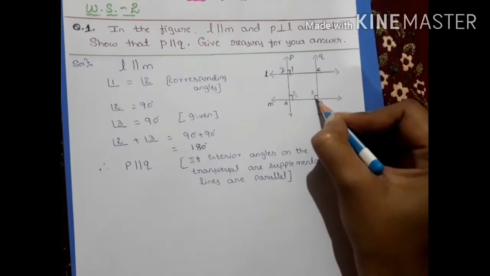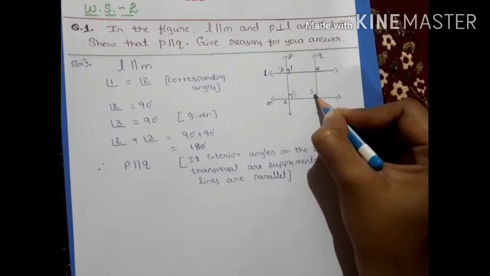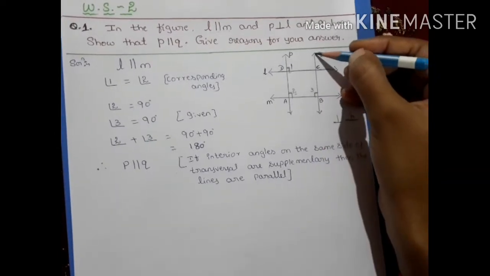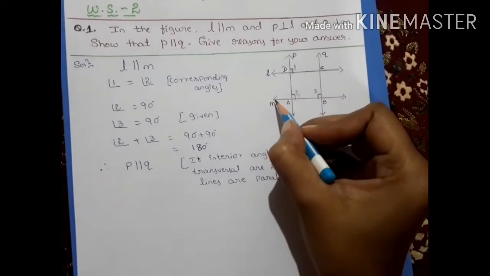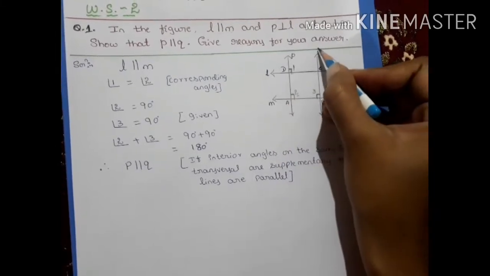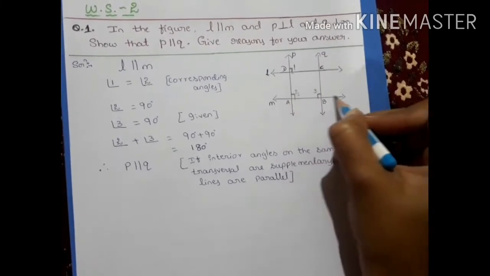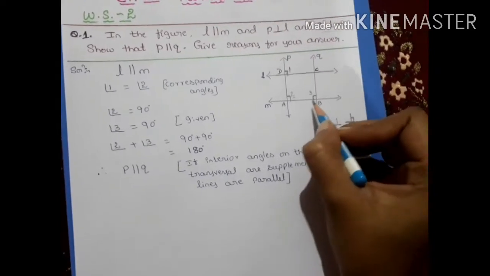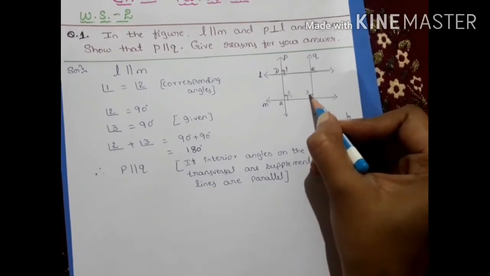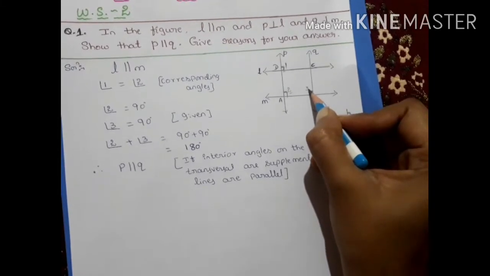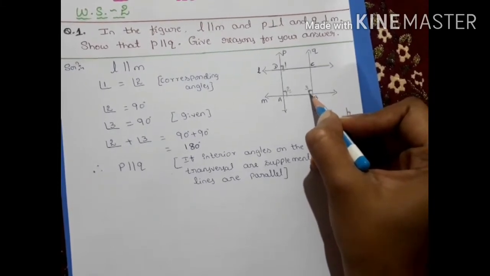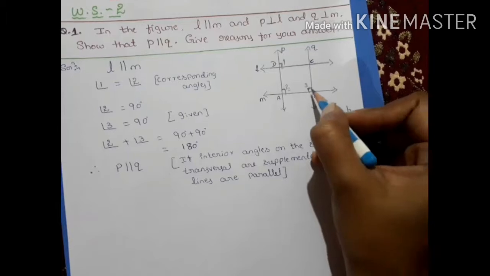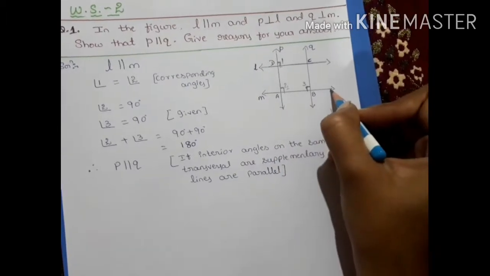Then angle 3 is also 90 degrees because Q makes a perpendicular on line M. Q is perpendicular to M, given.